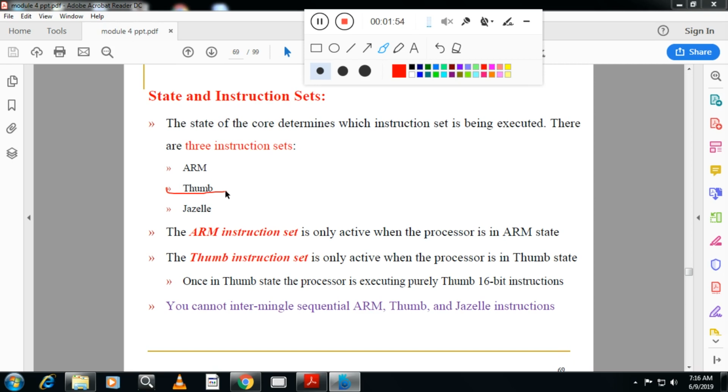The third one is Jazelle instruction, which is used for 8-bit execution. So three sets of instructions are executed by ARM. One is the 32-bit instruction, the second one is the 16-bit Thumb instruction, and the third one is the 8-bit instruction.